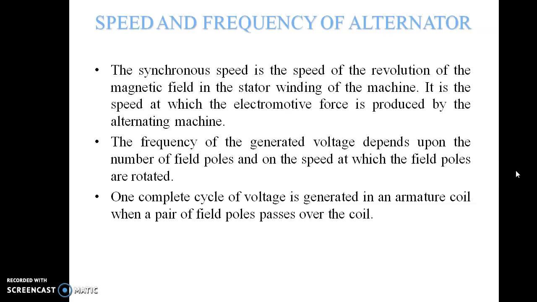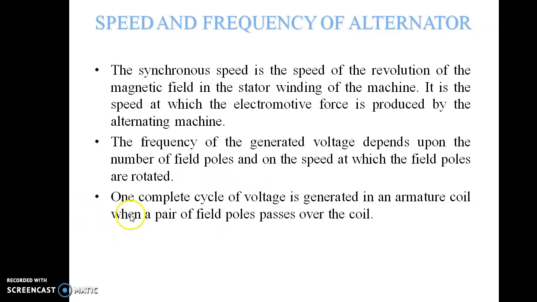It is the speed at which the electromotive force is produced by the alternating machine, and that is fixed for the machine. The frequency of the generated voltage always depends upon the number of field poles and on the speed at which the field poles are rotated.